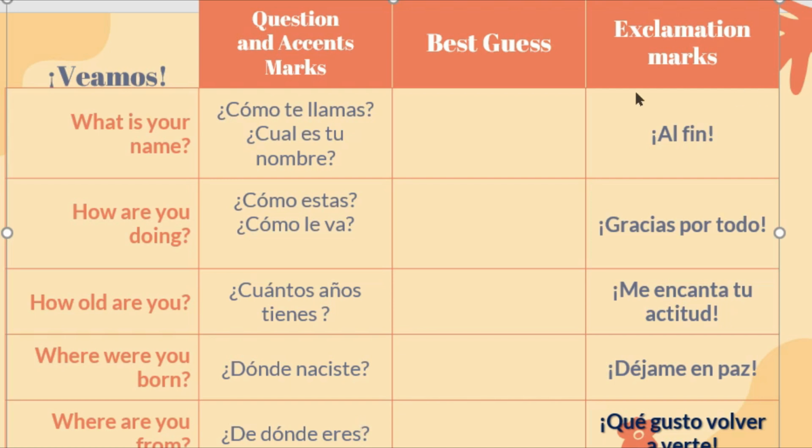Now on the right we have the exclamation marks. En la derecha tenemos los signos de admiración. What is al fin? Finally. Is it? Yes. Finally. Gracias por todo. Thanks for everything. When will you use this phrase?